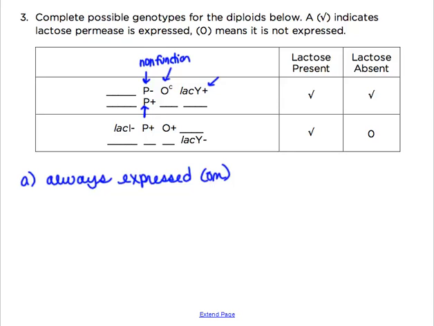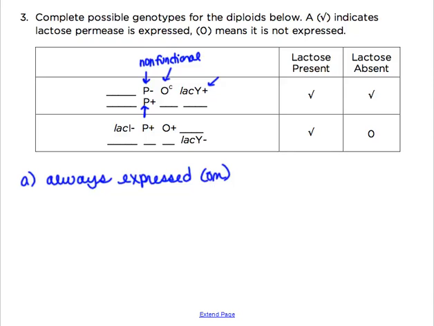Now remember that promoters are cis-acting because they are part of the DNA of the operon. So even though you have a wild-type copy of lactose permease gene, this copy is actually never going to be expressed because the promoter is non-functional and therefore cannot bind RNA polymerase.